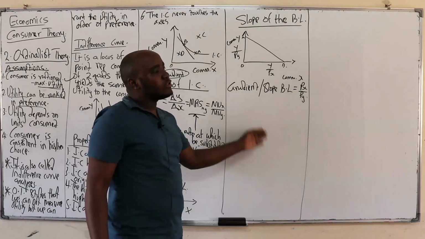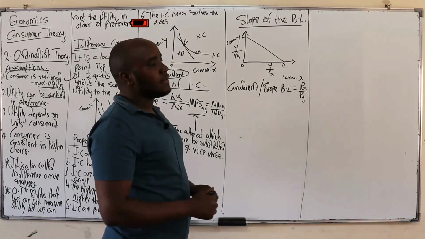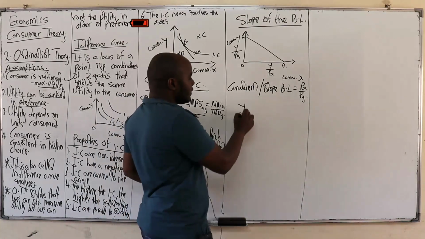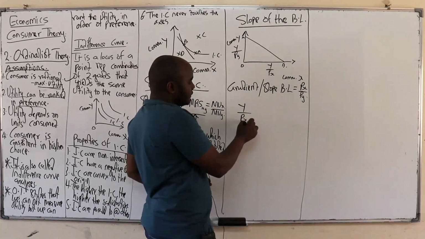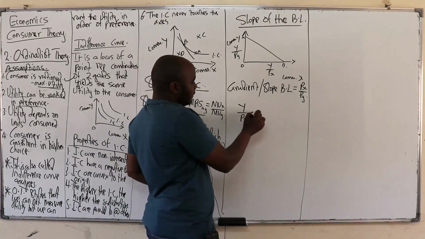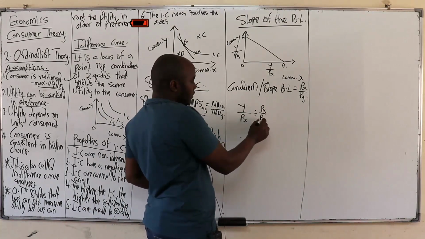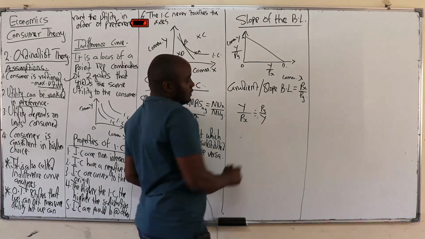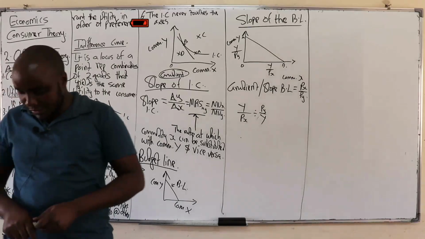How were we finding the gradient? We were doing y over x, is it? Divide by Py, divide by Px, is it? Am I right?